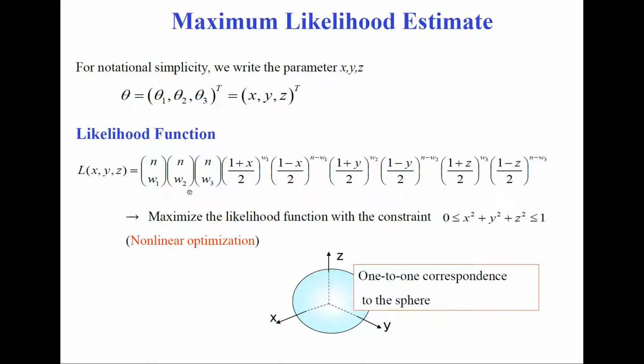Here, W1, W2, and W3 are observations, and we maximize as a function of x, y, and z with a constraint x squared plus y squared plus z squared between 0 and 1. In a sense, we consider optimization in the unit sphere in a three-dimensional real Euclidean space.